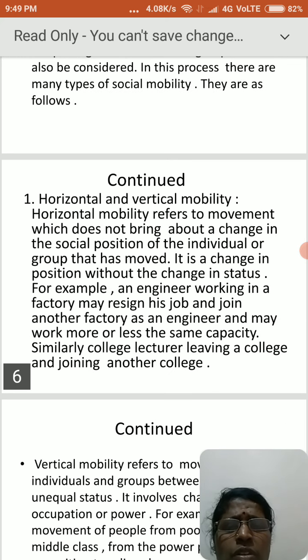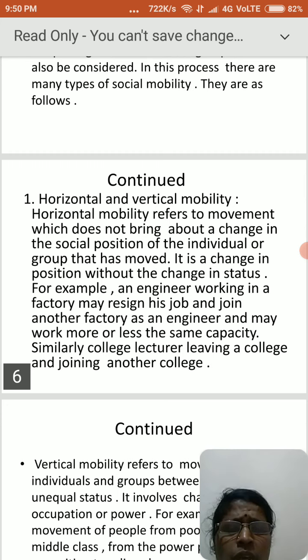Horizontal mobility refers to movement which does not bring about a change in the social position of the individual or group that has moved. It is a change in position without a change in status.